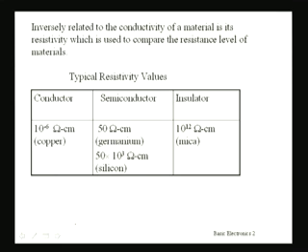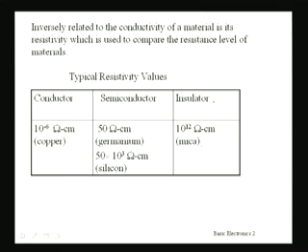Typically copper, which is a conductor, has maximum conductivity, so its resistivity value is around 10 to the power minus 6 ohm centimeter, whereas an insulator has a resistivity of 10 to the power 12 ohm centimeter, which is much more than a conductor. But semiconductors like germanium and silicon have resistivity values in between these two.